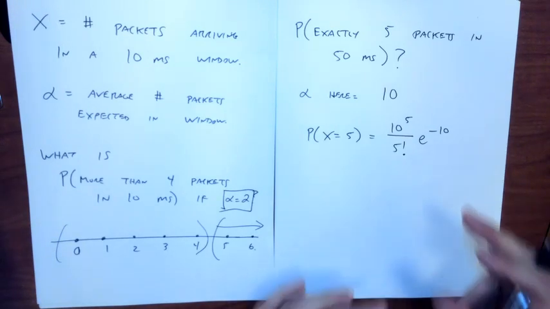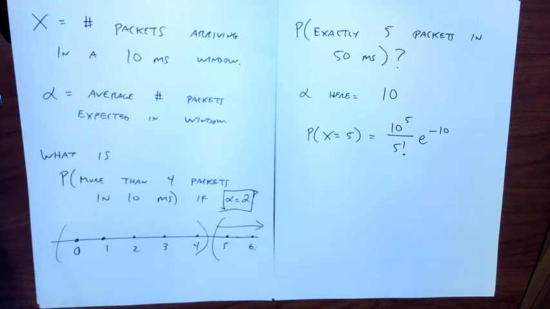If I expected 10, then the odds that I get 5 have got to be pretty low, because in general I should be expecting more packets and not less. So definitely one of the homework problems is along the line of you have to adjust your alpha according to the interval of time that I'm asking you about, okay?